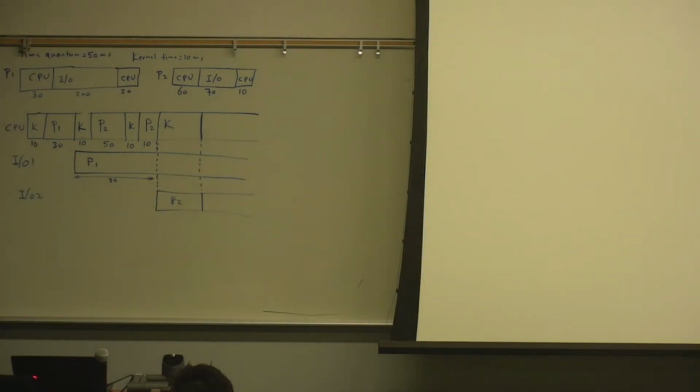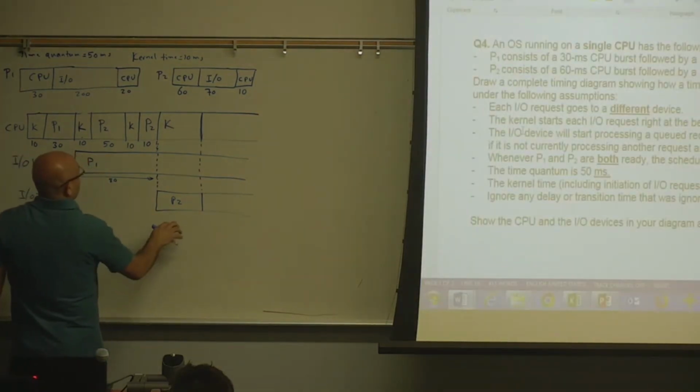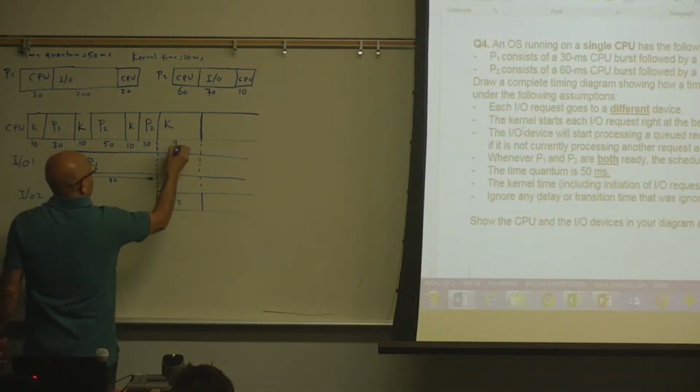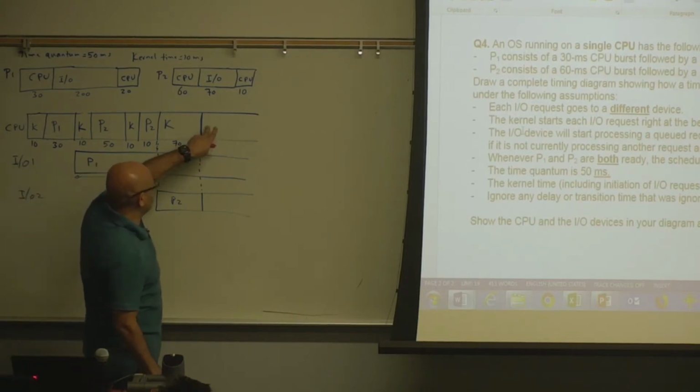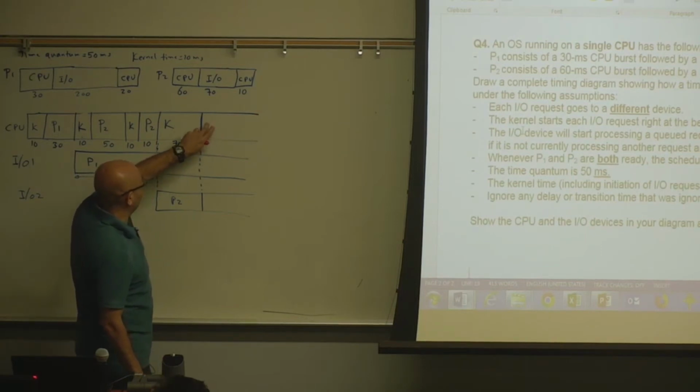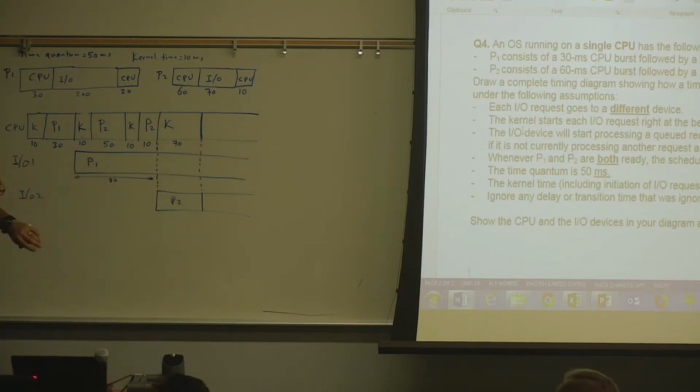Now after 70, an interrupt will happen, and the system will invoke the kernel, and the kernel will process that I/O request. So we can give some more kernel time here, because more realistically, the kernel will need to process the interrupt.